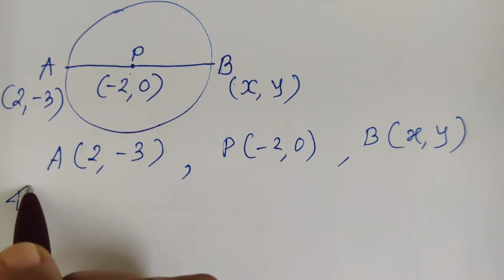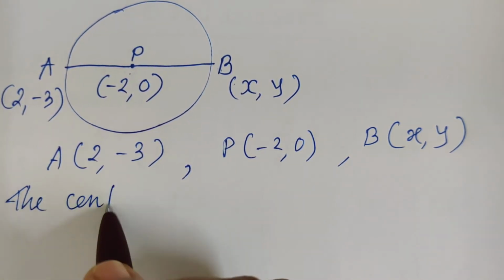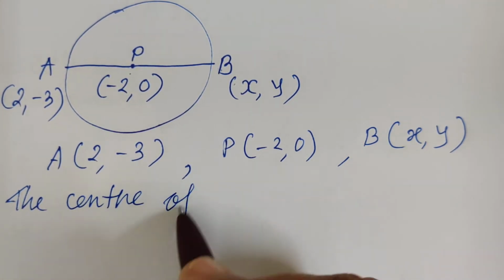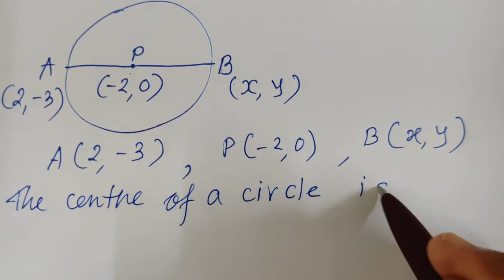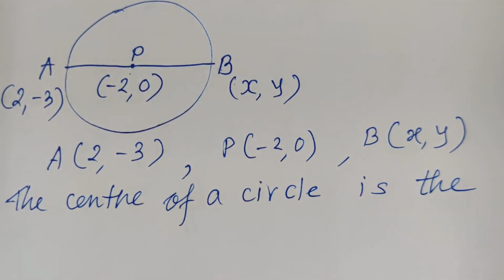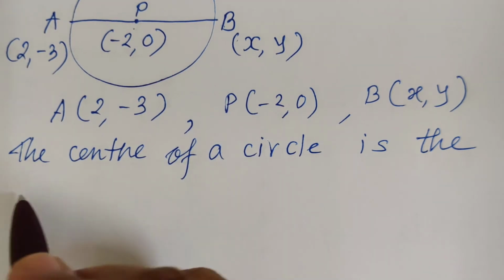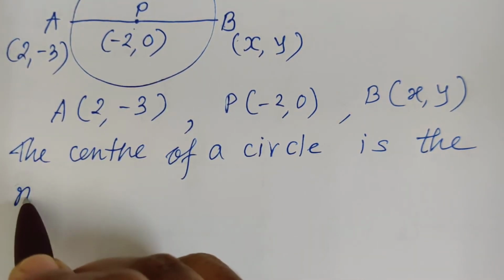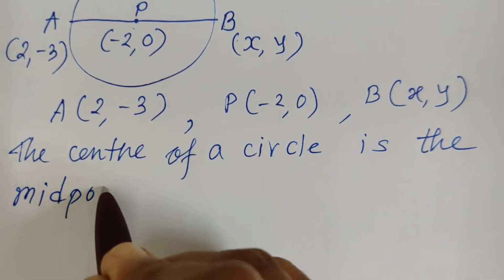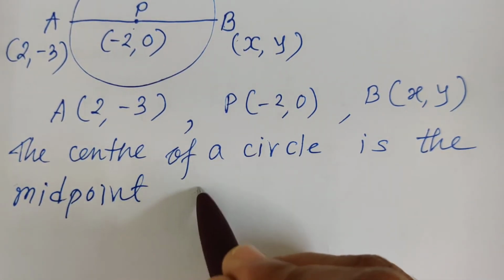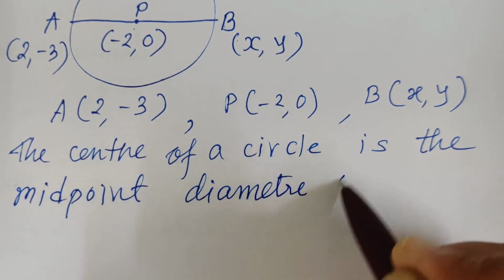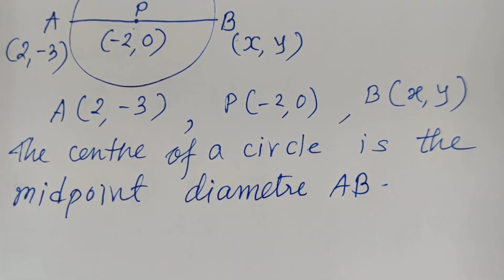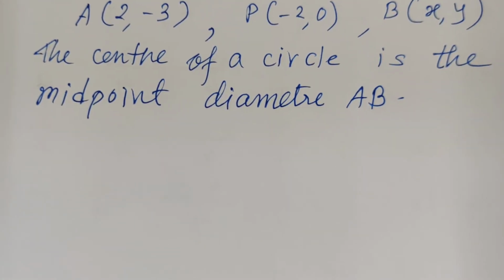So we say P is the midpoint of diameter AB, or segment AB. And so by the midpoint formula we will solve the example.